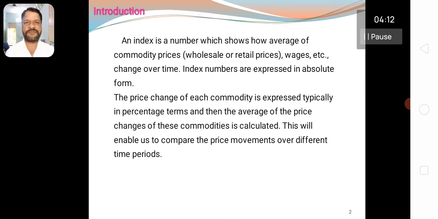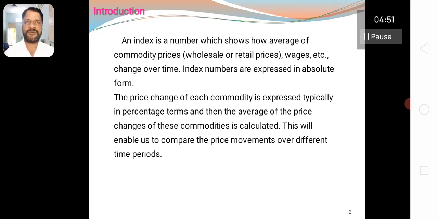The prices of 2021 can be compared to 2020, or the prices of 2010 can be compared with the prices of 2021 over 10 or 11 years. Then what is the change in the price level? That can be discussed. And what is the movement of the changes in wholesale or retail prices of various commodities?